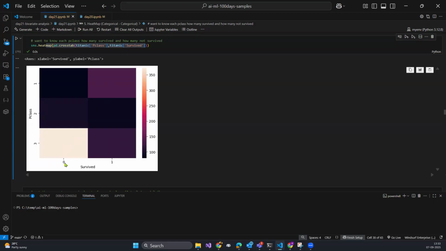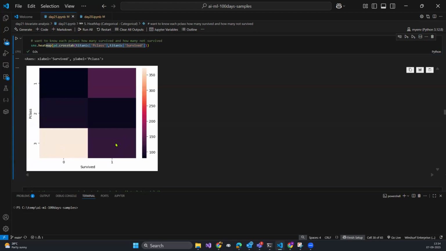So here we are seeing that in not survived, in class 3, there were more people who did not survive. And survived in class 3 were also less.